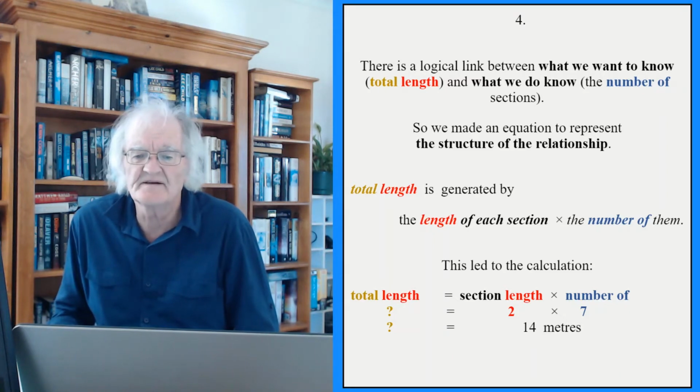So we made an equation to represent the structure of the relationship. Total length is generated by the length of each section multiplied by the number of them. This led to the calculation total length equals section length by the number of sections. That's how we got our 14 meters.